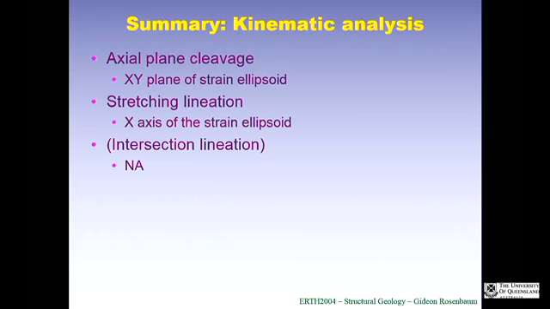If we have stretching lineation, we know that this is in fact the x direction. So if we have combination of cleavage and stretching lineation, we know everything about the orientation of x, y, and z. The intersection lineation does not give us any information on strain. It gives us only information on geometry, but it will not necessarily be parallel to any principal stretch axis.